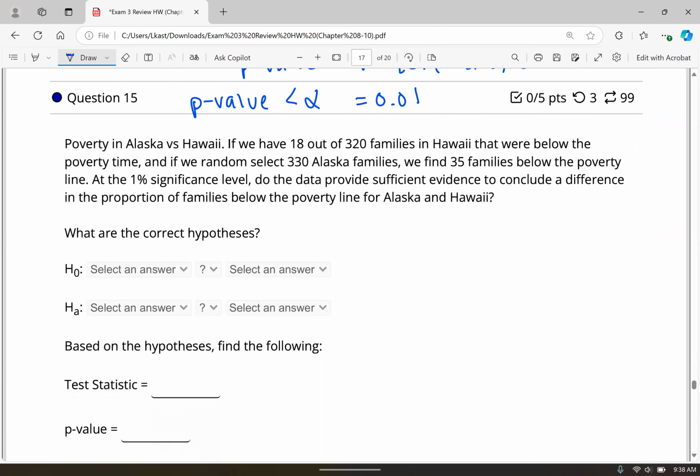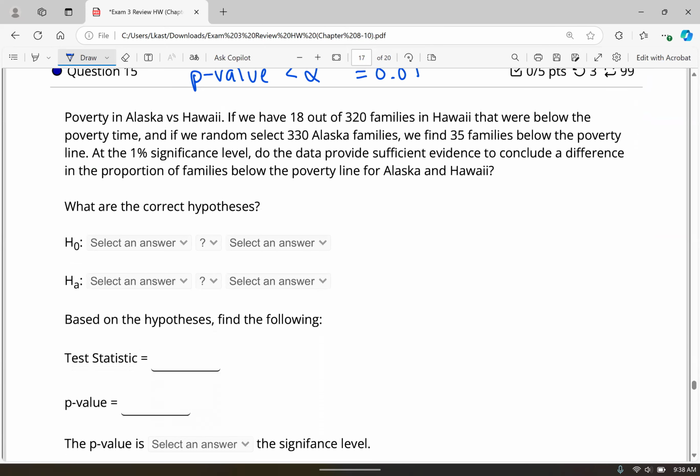Problem 15. Poverty in Alaska versus Hawaii. If we have 18 out of 320 families in Hawaii that were below poverty line, and if we randomly select 330 Alaska families, we find 35 families below the poverty line.